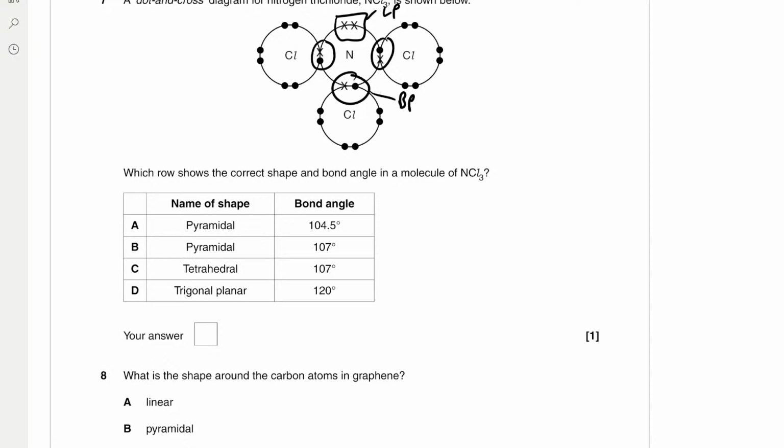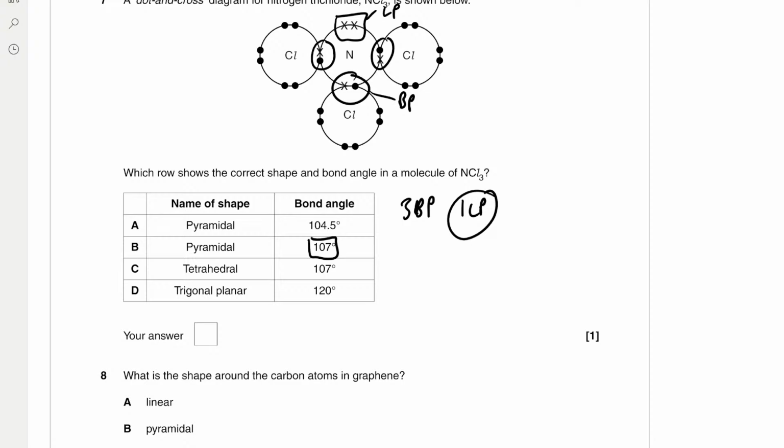And then it's just remembering what the shape and bond angle is for 3 bonded pairs and 1 lone pair. So that is pyramidal, and it's 107 degrees, because it's a reduced bond angle due to this lone pair, because lone pairs repel more strongly than bonded pairs.